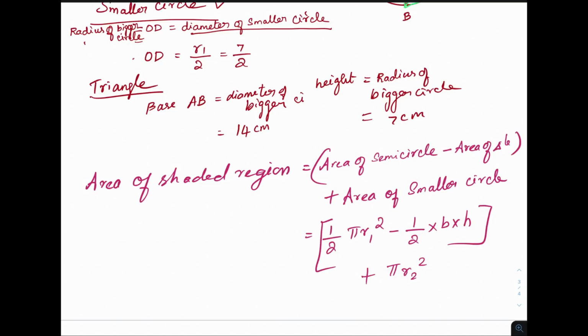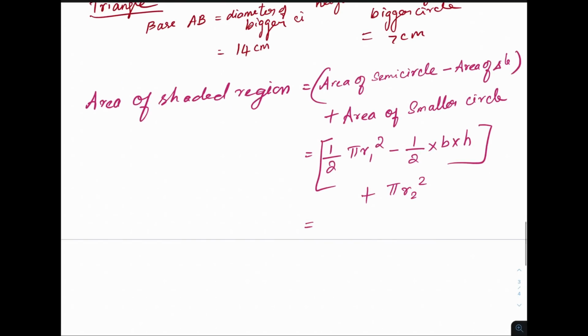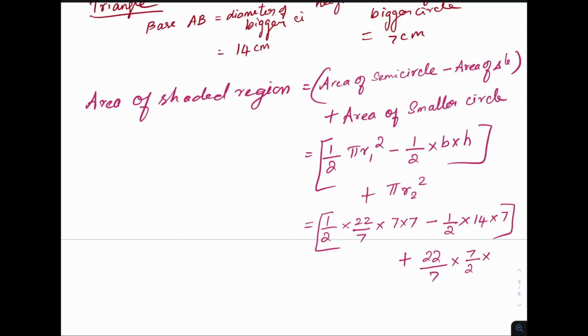OD is r2. Now we can apply: 1 by 2 into 22 by 7 into 7 into 7, minus 1 by 2 into base 14, height 7, plus 22 by 7 into 7 by 2 into 7 by 2.